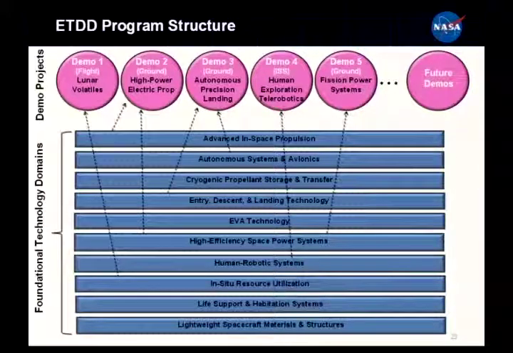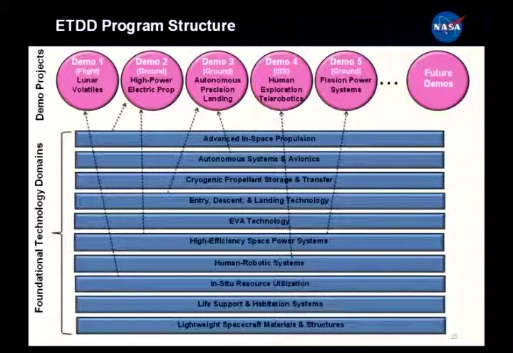So the foundation technology domains are running in parallel with the demo projects? That's correct. Under the BAAs and the other activities? Right, so the BAA supports the foundational domains, the RFI and the announcement of opportunity we plan to issue later this summer would support the demonstration projects.